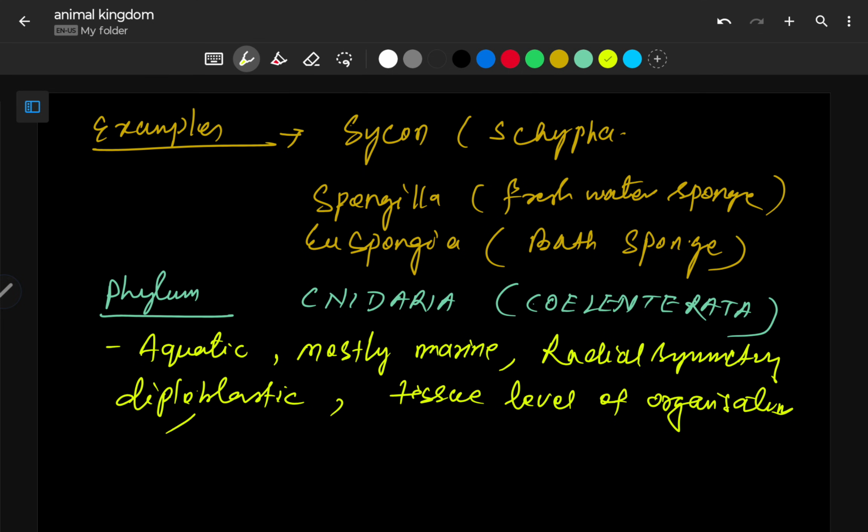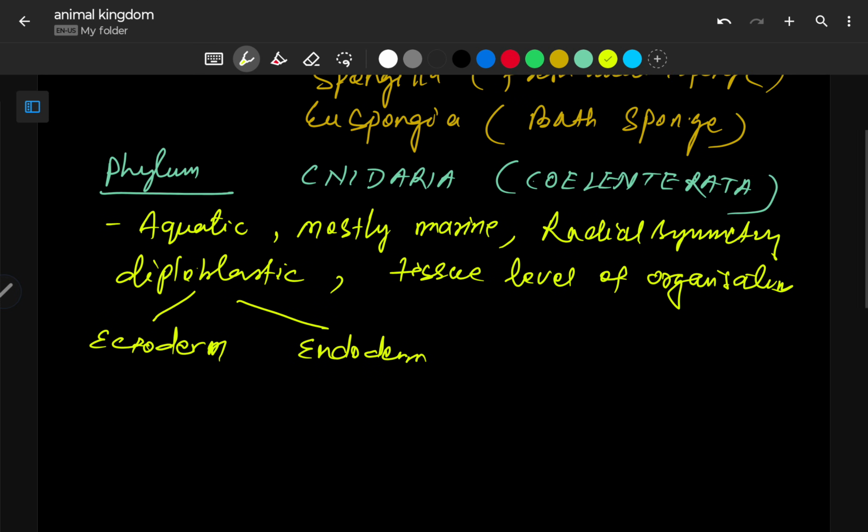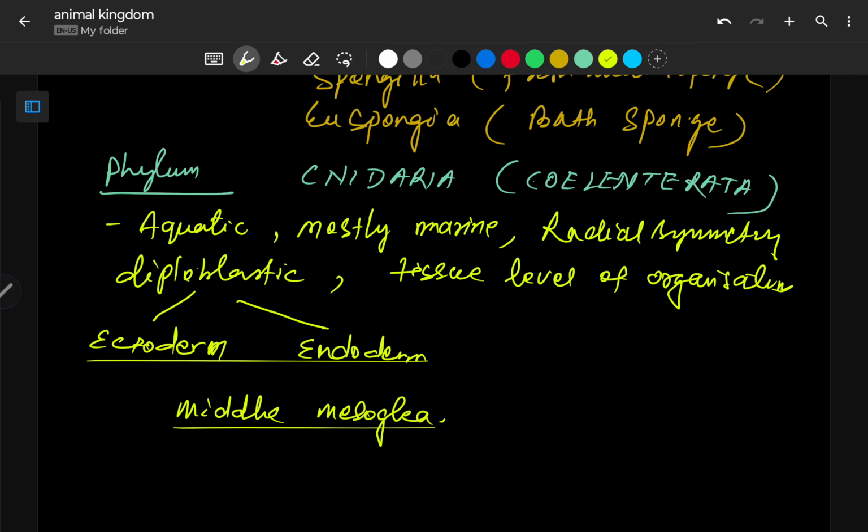The two layers are ectoderm and endoderm. Okay, in between, in the middle, mesoglea is present. Okay, this is outer, this is inner, and this is the middle mesoglea.